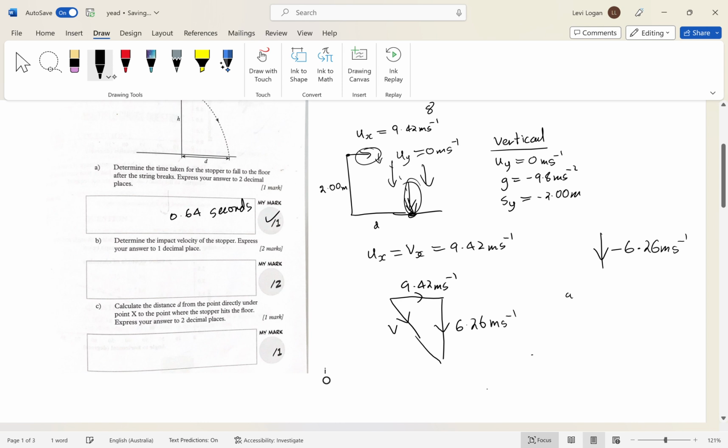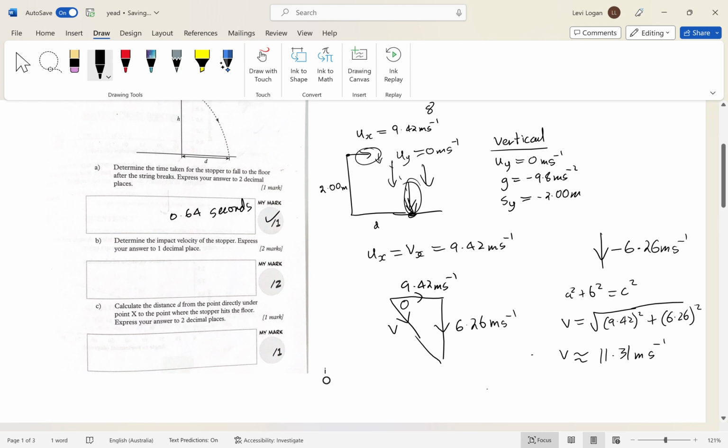So we know that a squared plus b squared is c squared. Therefore, v is the square root of 9.42 all squared plus 6.26 all squared. Using our calculator, that should be equal to approximately 11.31 meters per second.